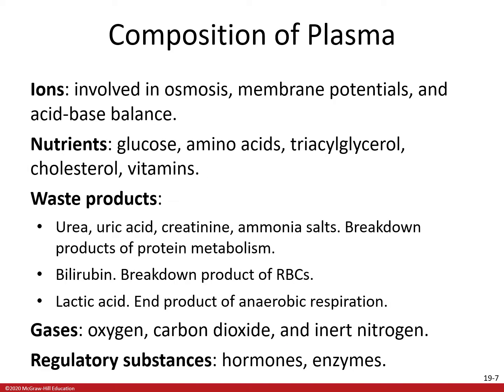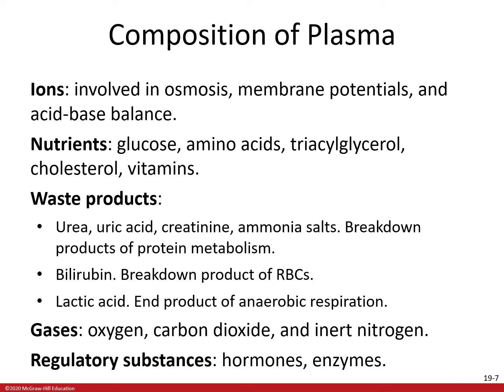Continuing the composition of plasma, do make note that there are ions involved in osmosis, membrane potentials, and acid-base balance, and some of those ions include sodium, potassium, calcium, magnesium, chloride, iron, phosphate, hydrogen, hydroxide, and bicarbonate. Now you don't need to know all of those by heart, just know, just in general, that those are the ions involved. We are going to have nutrients in our plasma.